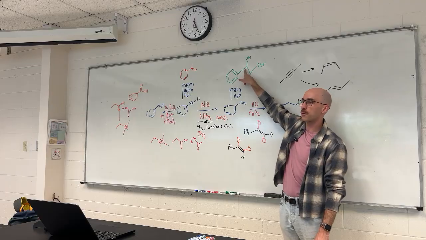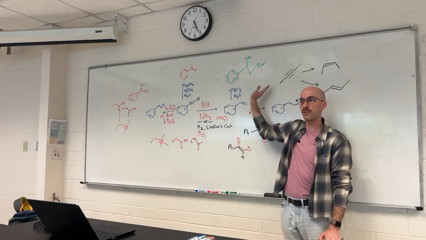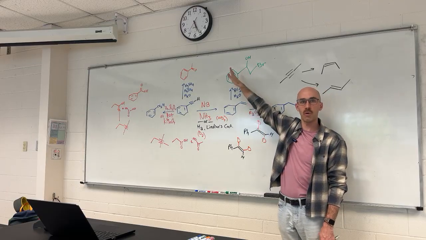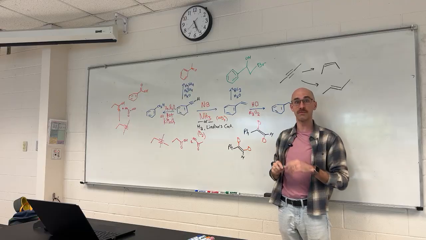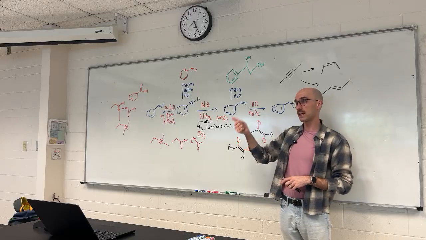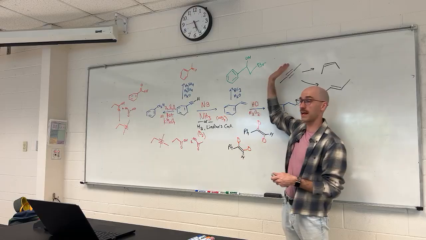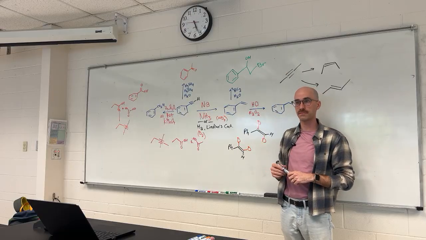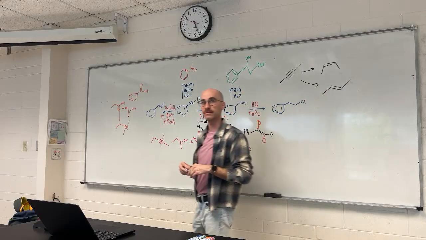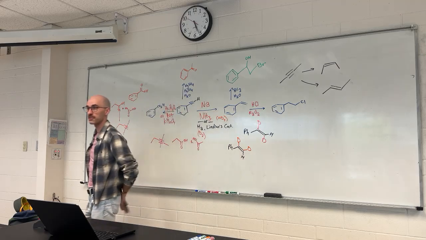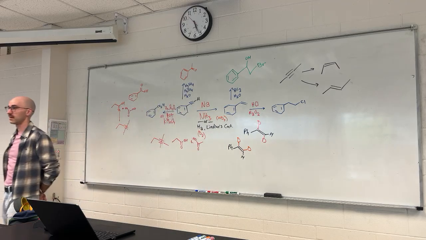How do you feel about the regiochemistry? Bromine was added to the primary carbon, water was added to the secondary carbon. Does that agree with what you expected? Does it not matter? Was it random and they just guessed right? How does the regiochemistry line up?